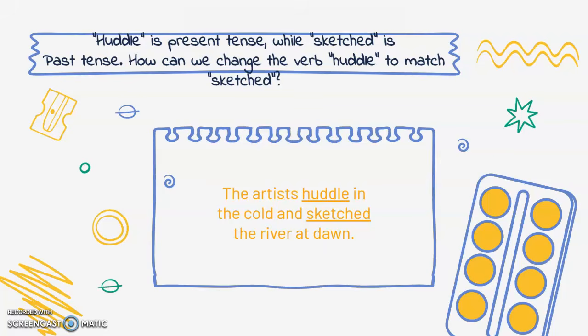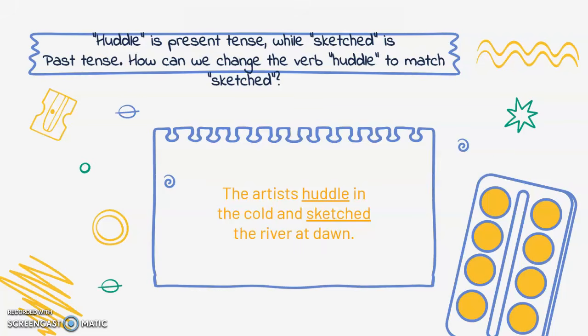But now notice how huddle is in the present tense form. So the artists huddle, meaning it's happening right now. But sketched, unfortunately, is in the past tense and has the ending ed, meaning that it already happened. So the huddling is happening now, but the sketched already happened? That doesn't make any sense. So we need to make sure that the verb huddle and the verb sketched are matched.